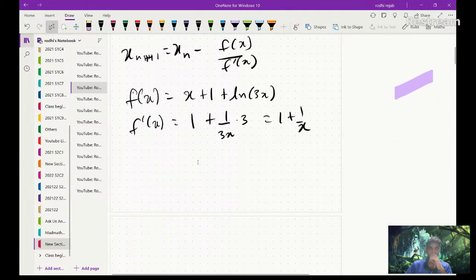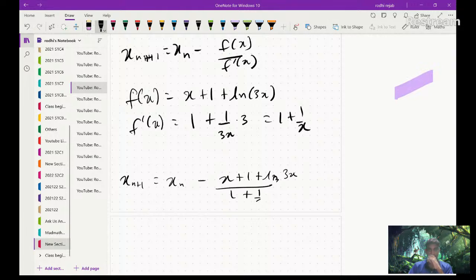If we substitute, you will get x_{n+1} equals x_n minus (x plus 1 plus ln 3x) over (1 plus 1 over x). And this x value is actually x_n. So if we write it down, x_{n+1} equals x_n minus (x_n plus 1 plus ln 3x_n) over (1 plus 1 over x_n).